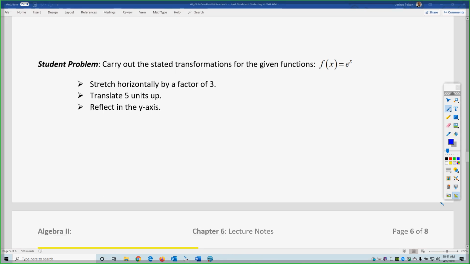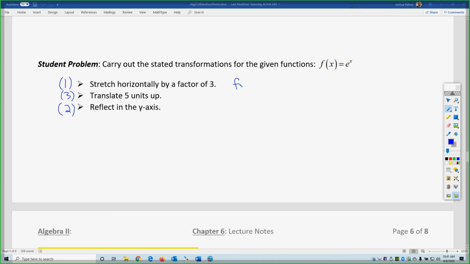So e to the x is our parent here. We have 3 things we need to do: stretch horizontally, translate up, and reflect on the y-axis. According to the order of transformations, the stretching must come first, the reflecting must come second, and the translation up and down must come third. A horizontal translation would come first, but there isn't one in this case. So we're going to stretch horizontally by a factor of 3.